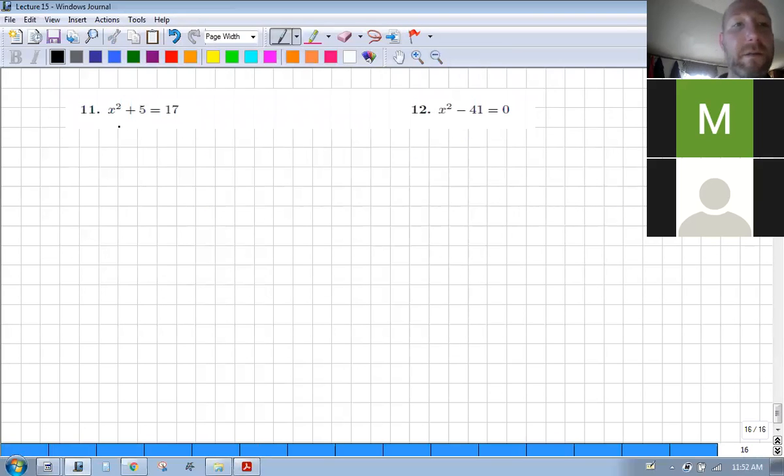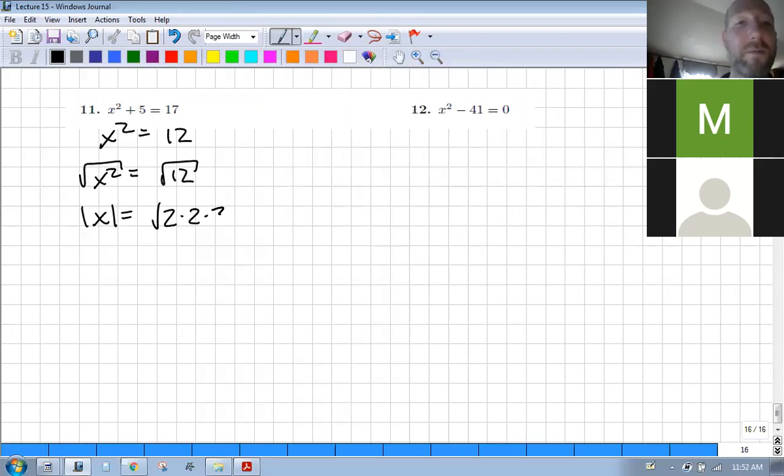Okay, let's subtract 5 from both sides. Square root. Let's see, 12 is 2 times 6, which is 2 times 3. So we can pull those out as a single one. So x is plus or minus 2 root 3.